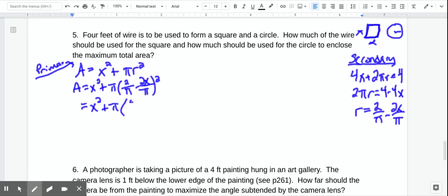So that's going to give me 4 over pi squared minus 4x over pi squared minus 8x over pi squared plus 4x squared over pi squared.